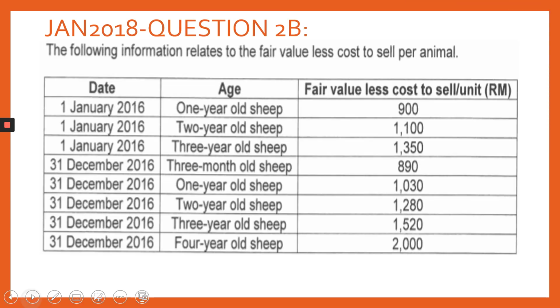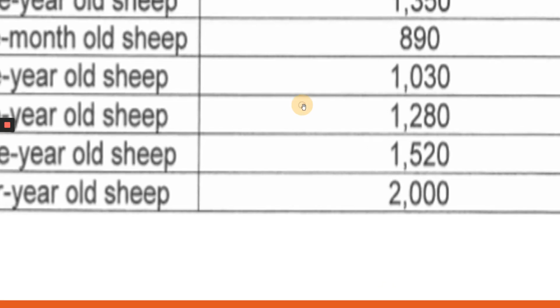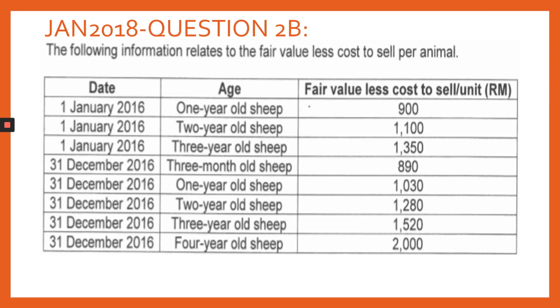Let's look at the requirement. Before that, you have this information that relates to the fair value less cost to sell per animal. So we have the information relating to the price of a 1-year-old sheep, 2-year-old sheep, and 3-year-old sheep.